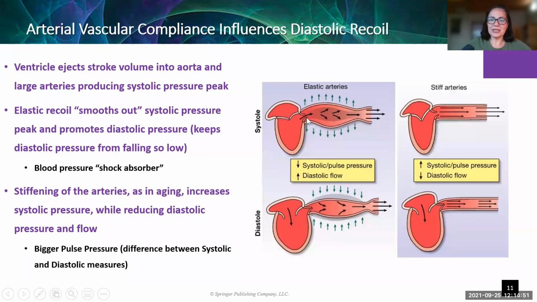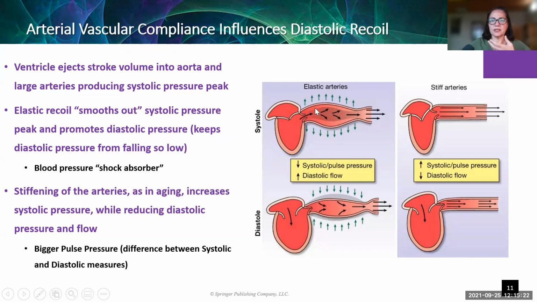Because those arteries can give a little bit, they can stretch a little bit, in some sense, they absorb some of that increase in pressure. And that elastic stretching and then recoiling kind of smooths out that big peak of systolic pressure and then the trough of diastolic pressure. So it keeps the diastolic pressure from falling so low.